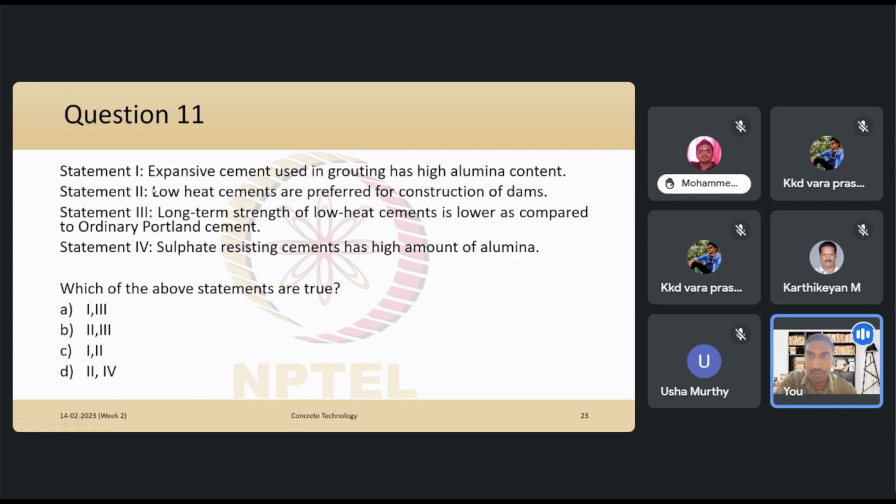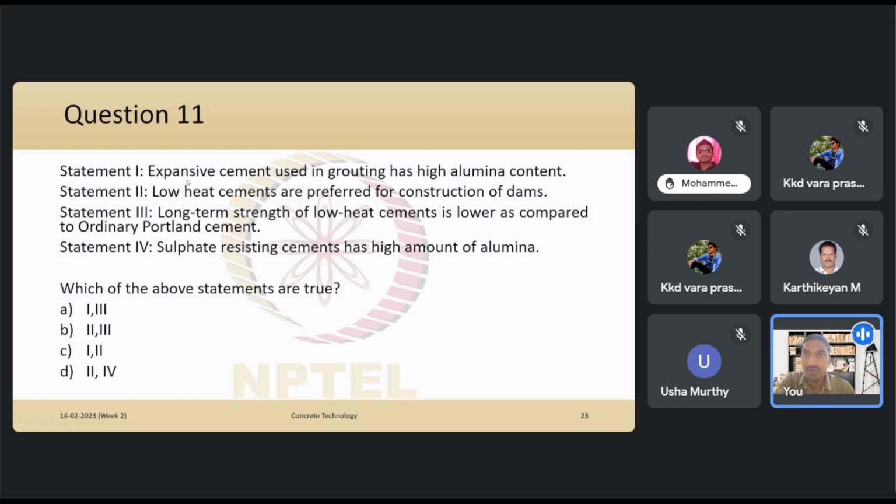So the correct statements are 1 and 2. Statement 1 is: expansive cement used in grouting has high alumina content. This is just like the opposite of statement 4. In statement 4, we are trying to prevent this excess rise in volume because of sulfate attack, where we want to prevent that.